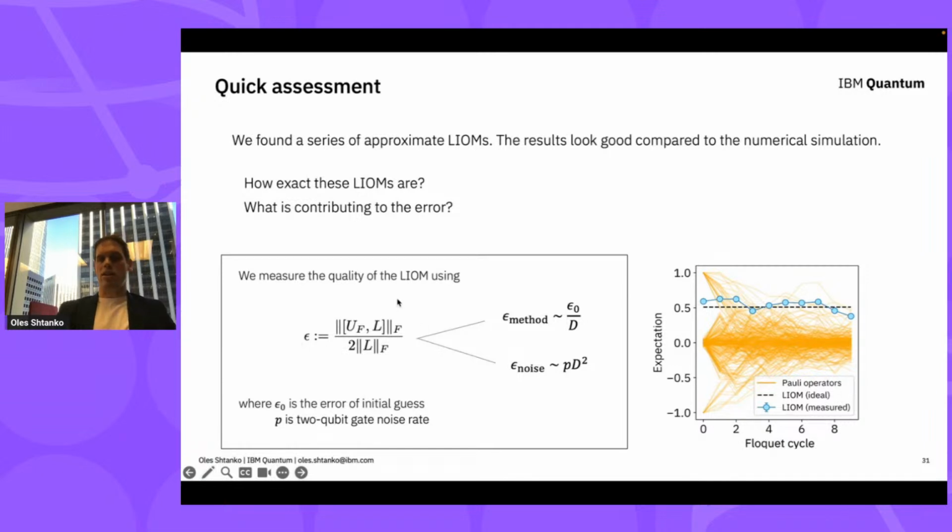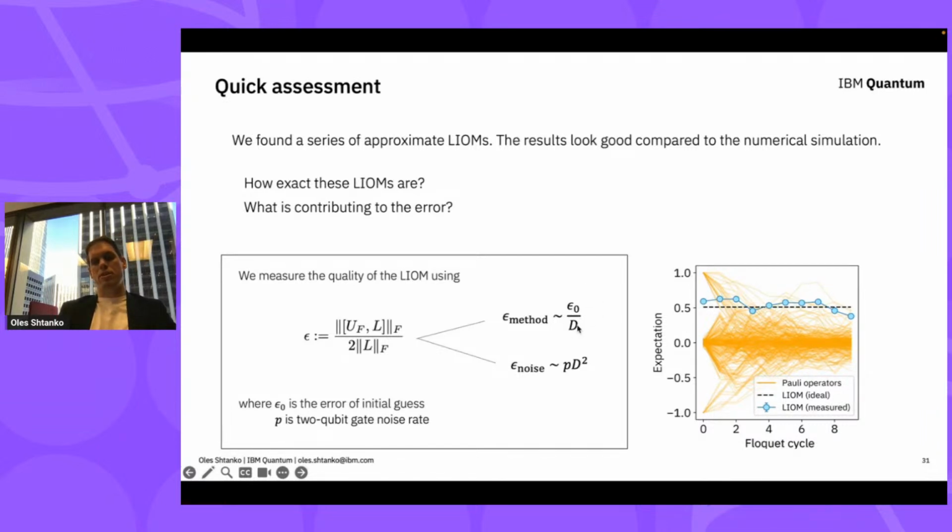When you do the analytical calculation, you find that you have two sources of error which contribute to these fluctuations. The first source of error is the fact that we truncate the series somewhere. You don't go to infinity. This method error is proportional to the precision of the initial guess, epsilon 0, which is why you need to set your initial guess as good as possible, divided by the depth of the circuit.